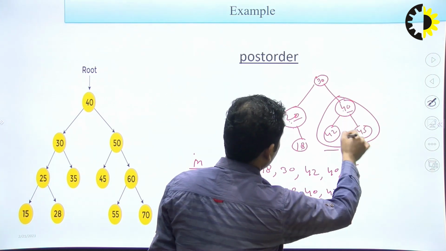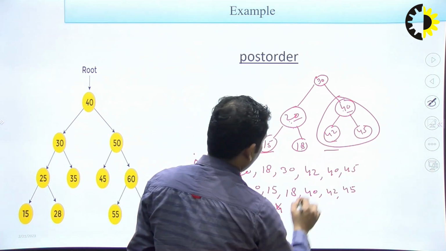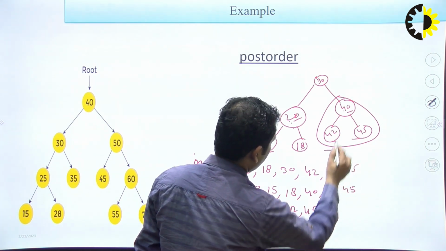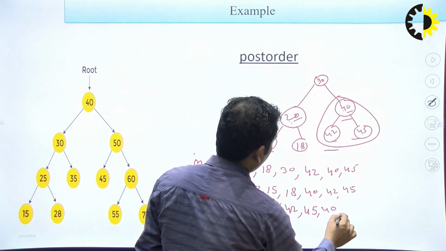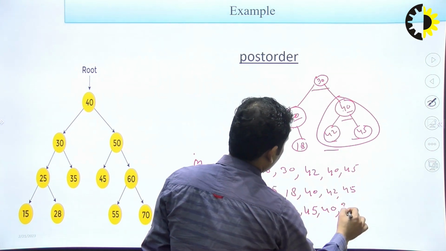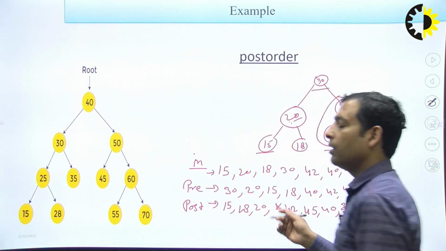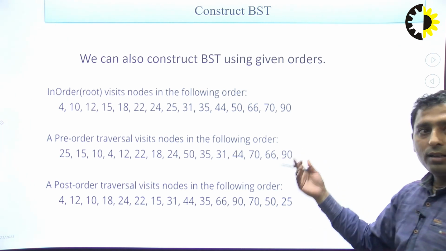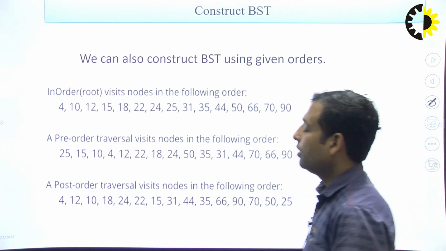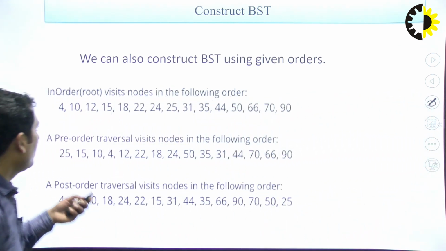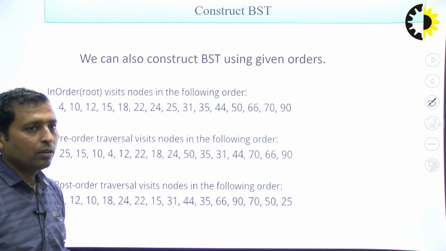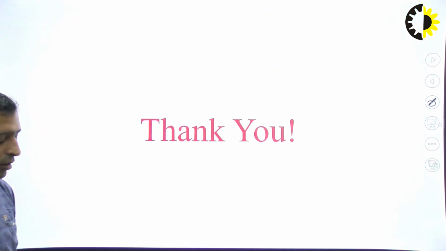Again apply the same, this is post, so visit the 42 left portion, then the right portion, that is 45, then this one 40 and at the last this 30. These are the different sequences. Okay, in the next lecture we will see in the reverse fashion: if we are given the sequences, then construct the tree. Okay, thank you, thanks a lot.